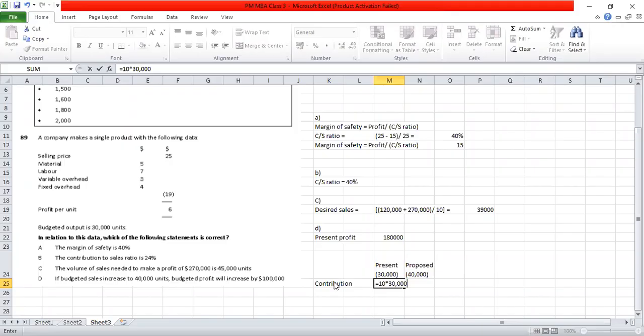30,000. And then here it will be 10 into 40,000. Minus fixed cost. Fixed cost is 4 into 30,000, which is 120,000.